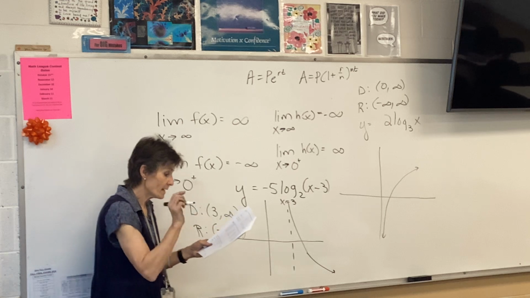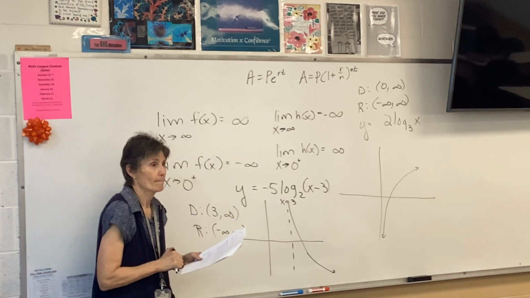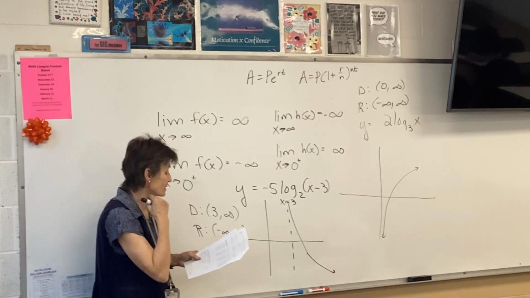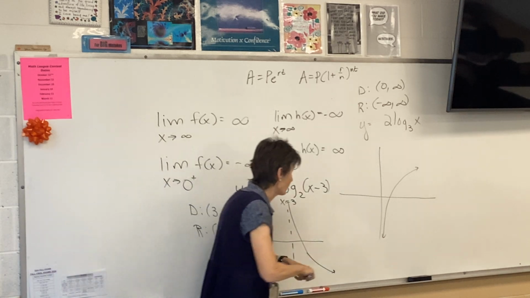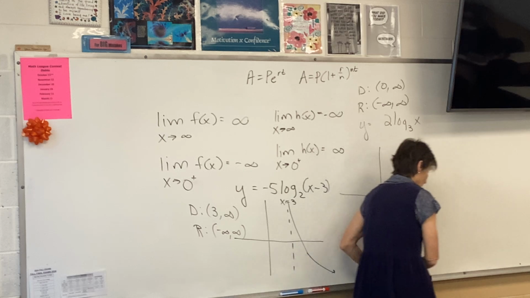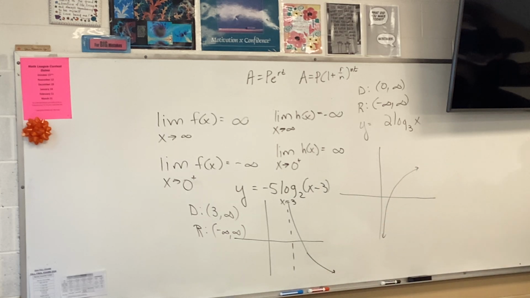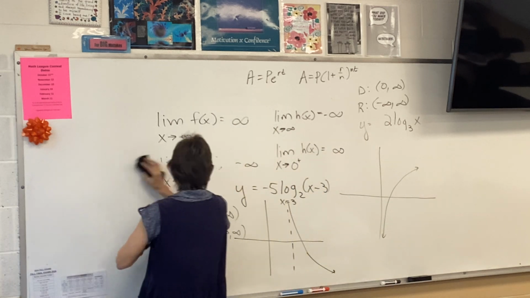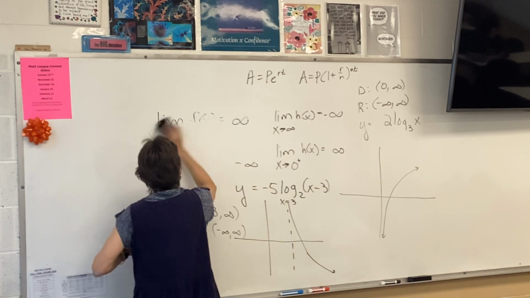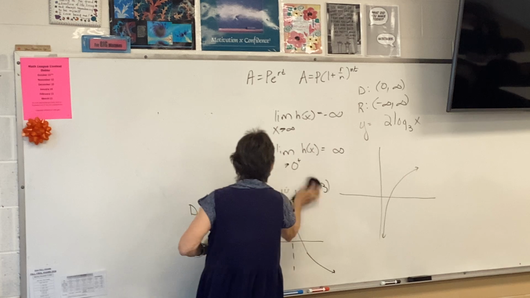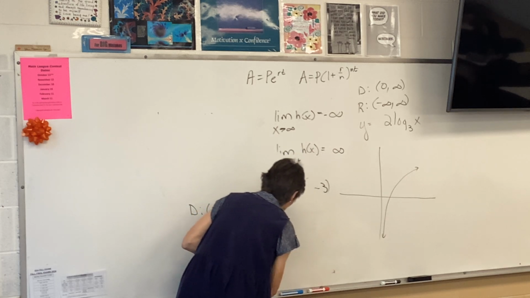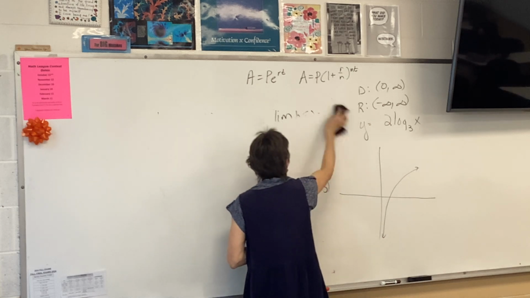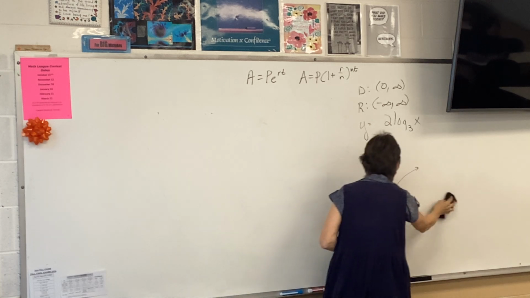All right, go ahead and do C. See what you can come up with. Think about what the general shape's going to be, and then think about how you may have moved it. What x has to equal this whole time is 0.